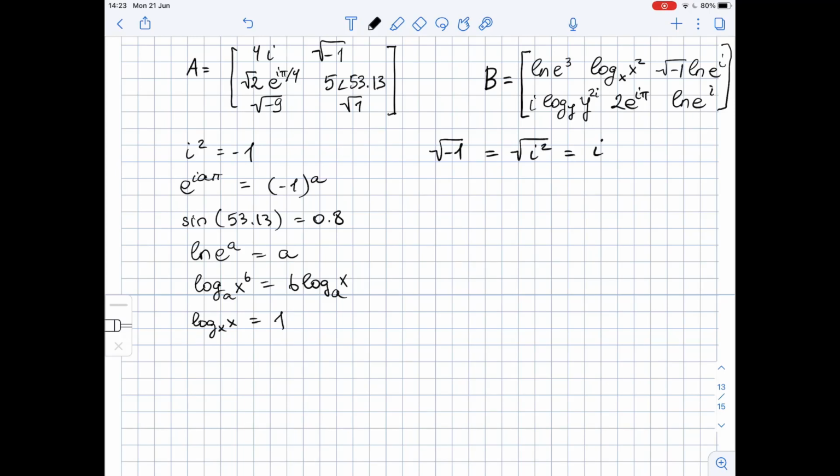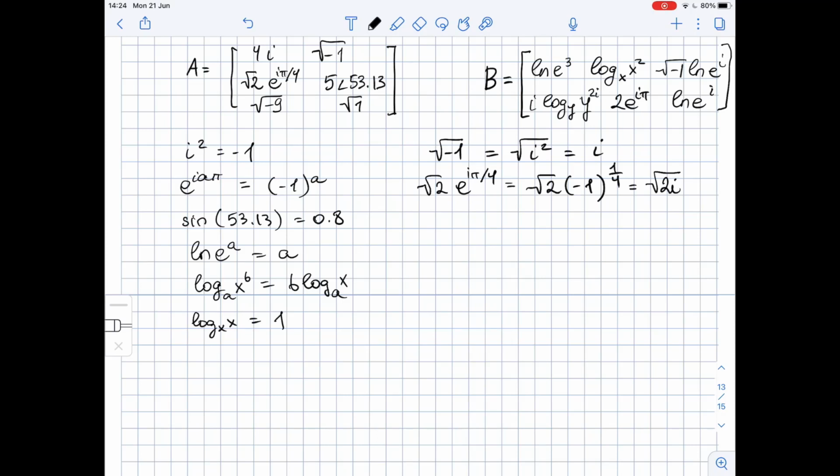Also, we see that the square root of 2 times e to the power of iπ/4 equals, so we know that e to the power of iπ/4 equals -1 to the power of 1/4, so this equals the square root of 2 times -1 to the power of 1/4, and we know that this equals the square root of 2i.